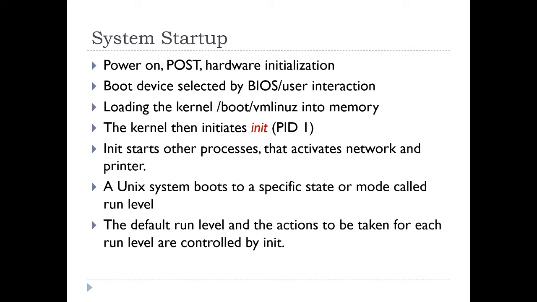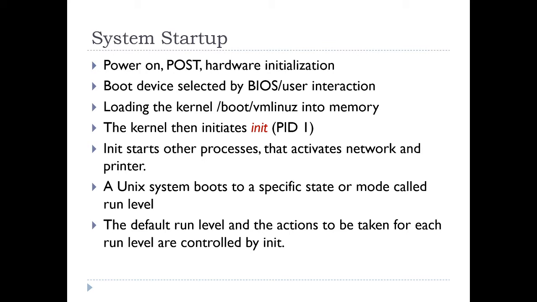Once the boot device is selected, the operating system kernel is loaded into the memory from the boot device. The kernel then initiates the init process, whose process ID is 1. The init process starts all the other processes, including the network and printer service.